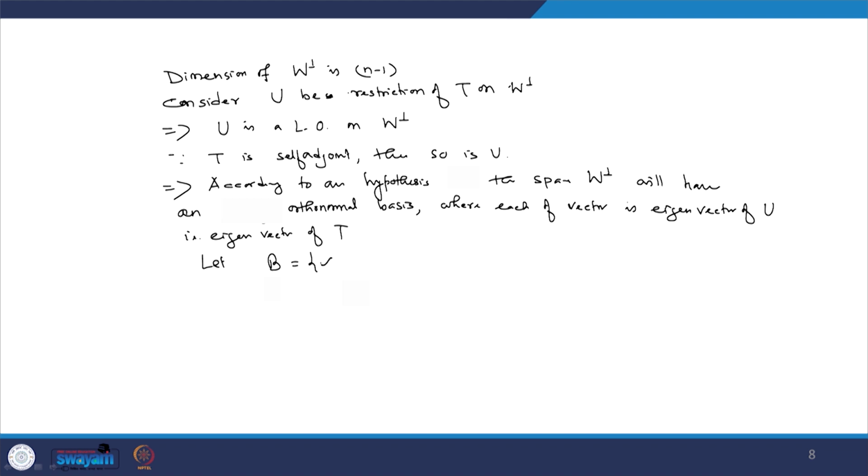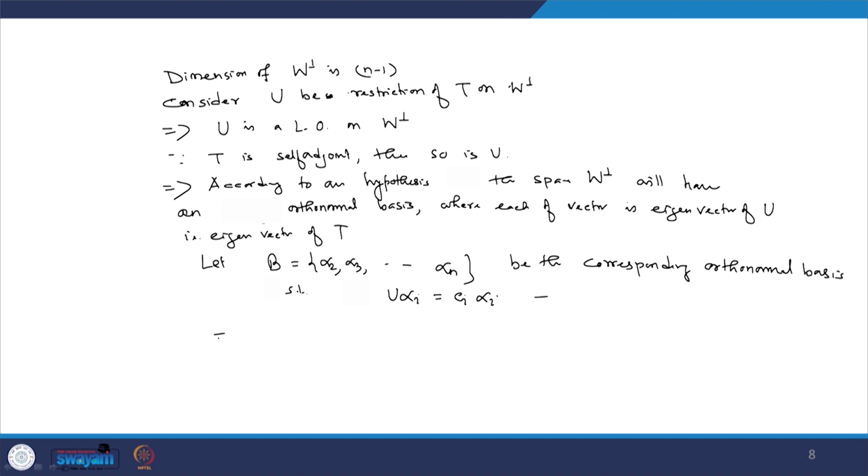So, let B equal to alpha 2, alpha 3, up to alpha n, which has n minus 1 elements, be the corresponding orthonormal basis such that U of alpha i equals c i alpha i. Okay. So, this implies T of alpha i equals c i alpha i.